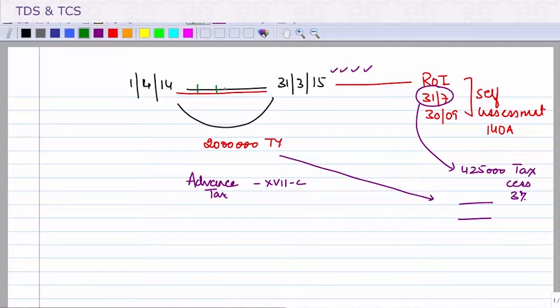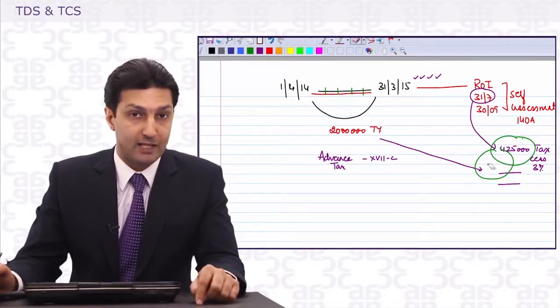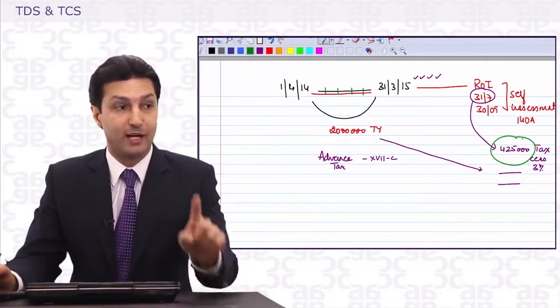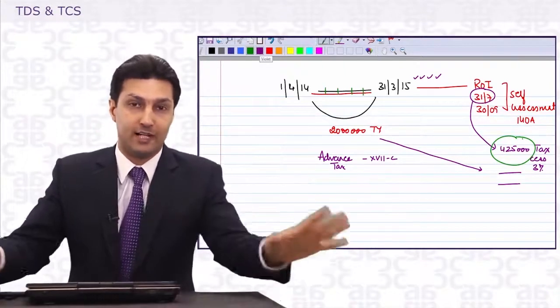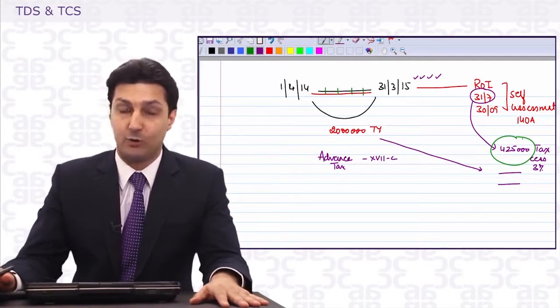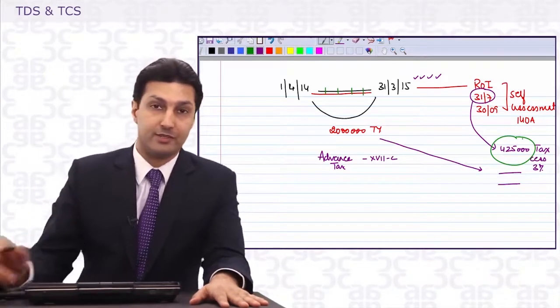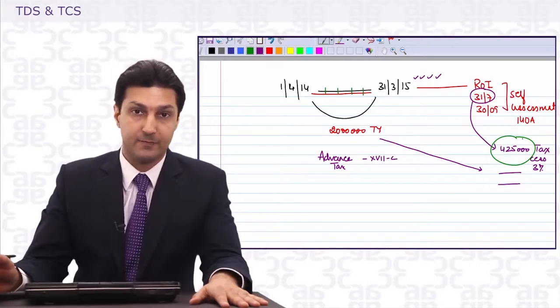The idea was you pay your tax in installments, because paying it lump sum might not go down well with you. But the problem with advance tax was the same. You had to get up yourself voluntarily, honestly go and pay your tax. Again, that is dependent upon the righteousness of the person who's earning the money.